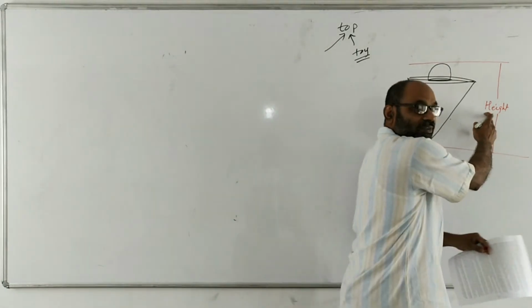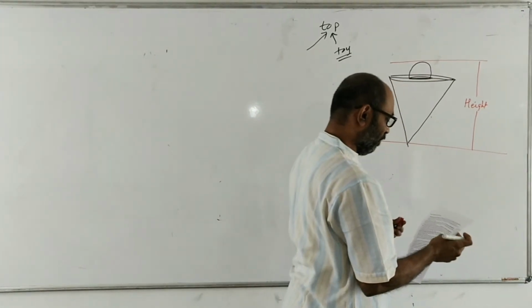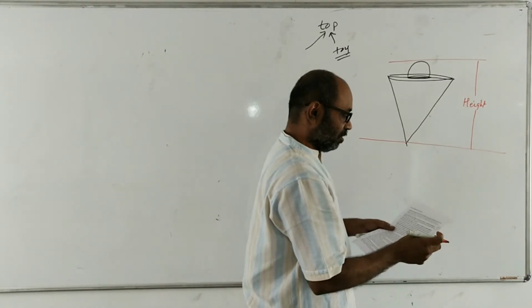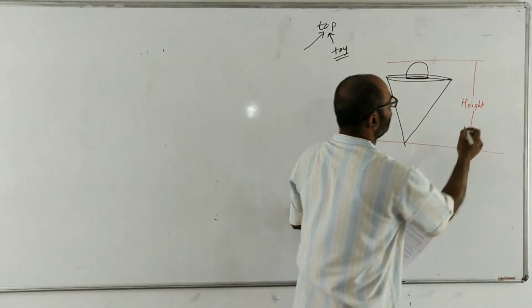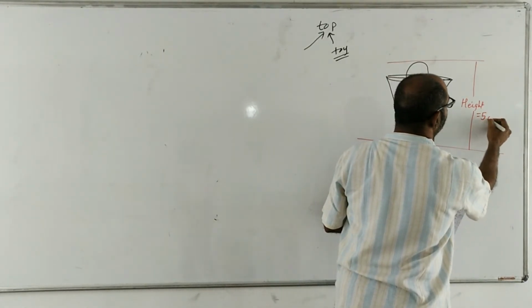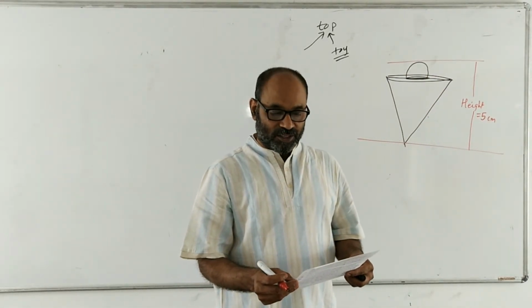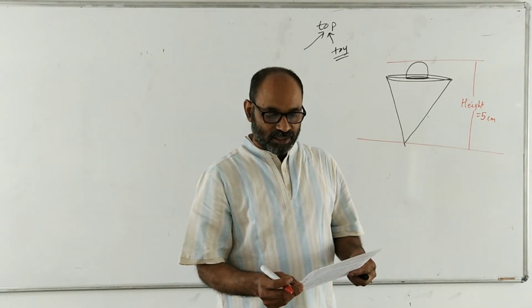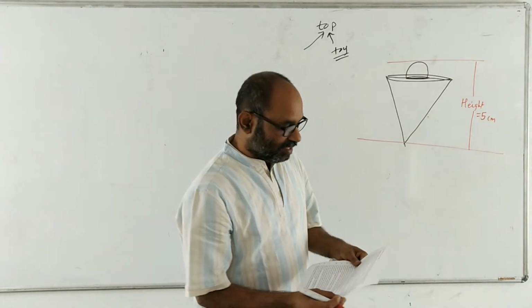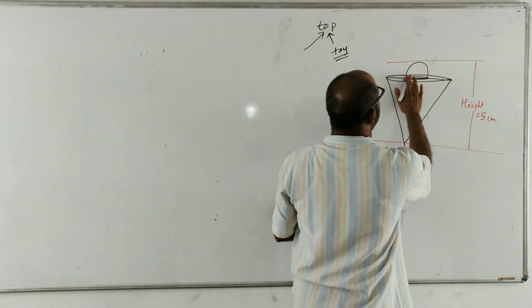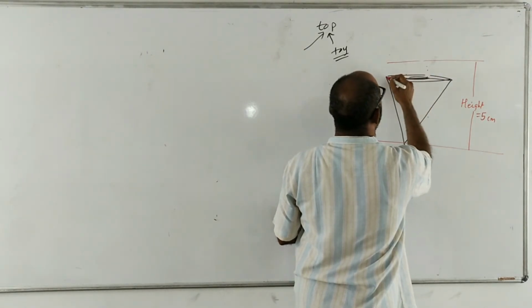Is this in the vision? Yes. Alright, fine. Okay. So the total height is 5 centimeter, and the diameter of the top is 3.5 centimeter. So this will be of the same size, children.